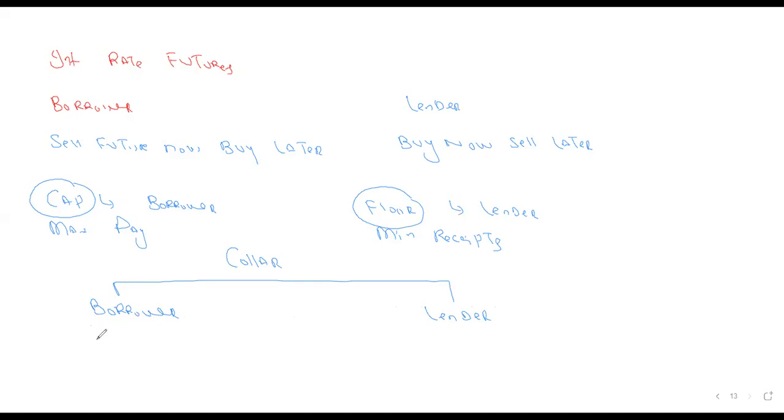In the case of the borrower, remember, the borrower will buy a cap or put option and sell a floor or call option. In the case of the lender, the lender will buy a floor or call option, or sell a cap or put option.